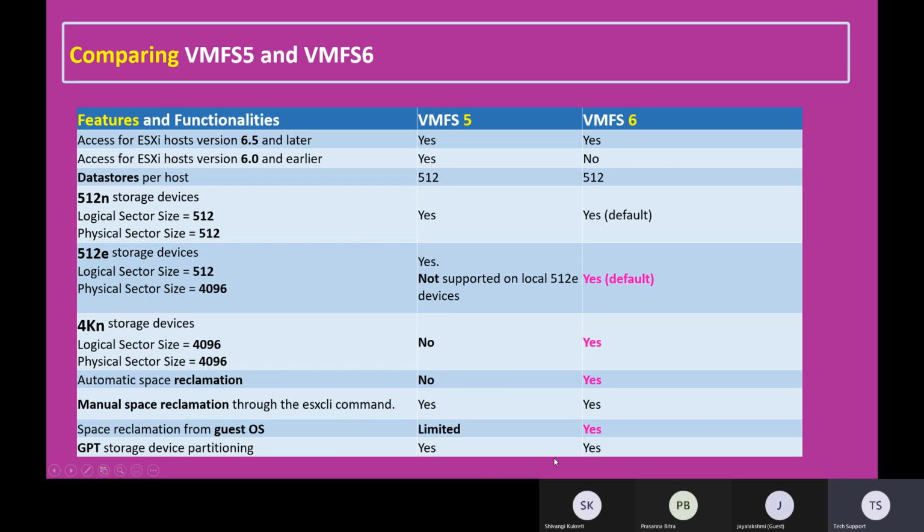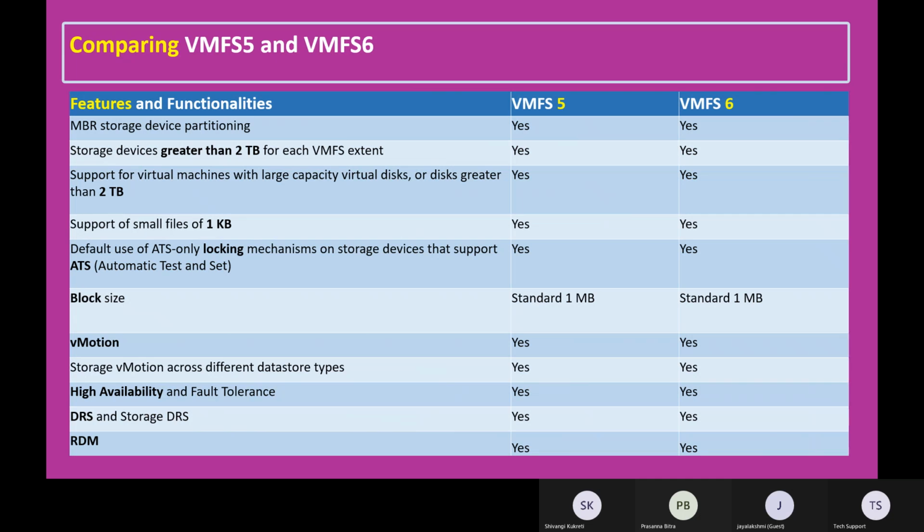Okay, and we can also verify the comparison of VMFS 5 and VMFS 6 at the VMware vSphere feature level. If you see the comparison of VMFS 5 and VMFS 6 for all the VMware features, starting from the top, even MBR storage device partitioning. MBR means master boot record.